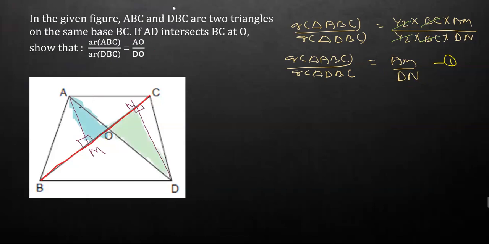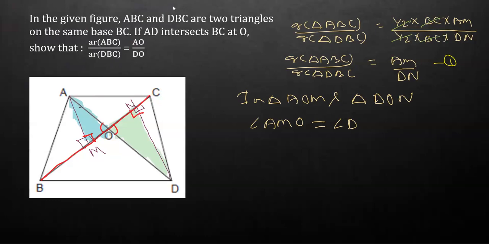I'll start with triangle AOM and the other triangle DON. We have one angle as 90 degrees. These angles are given as 90 degrees. So we'll be writing angle AMO is equal to angle DNO, and they are each 90 degrees.